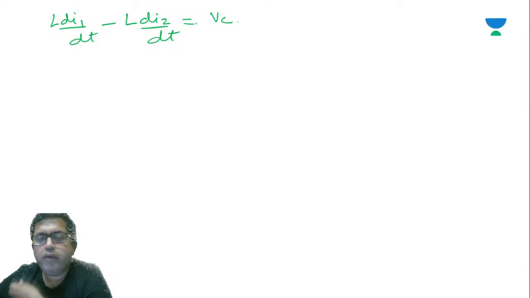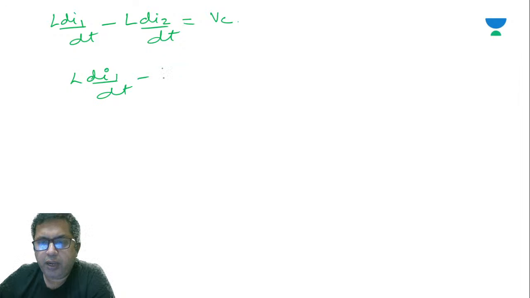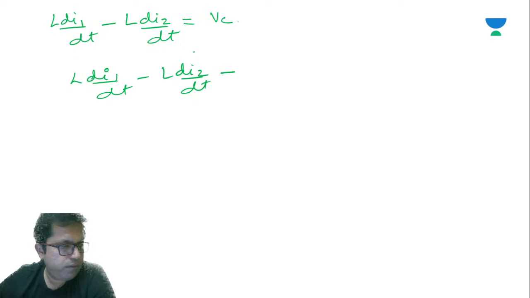So L dI1 by dt minus L dI2 by dt minus Vc is equal to 0.